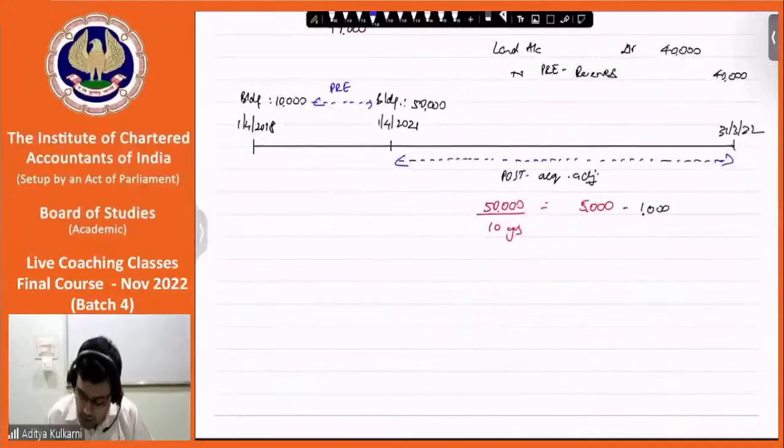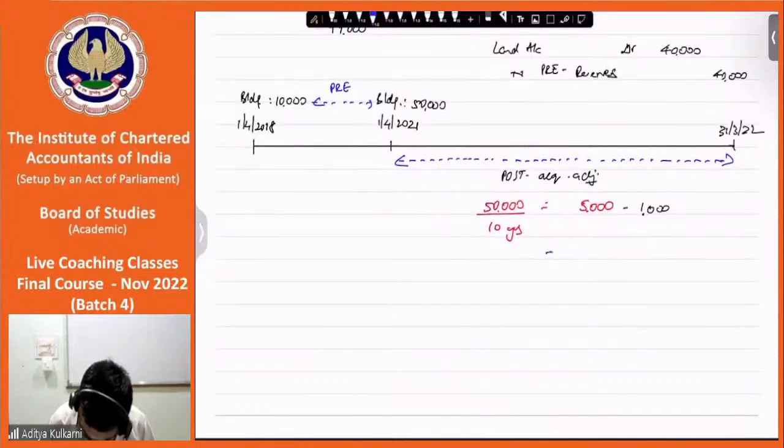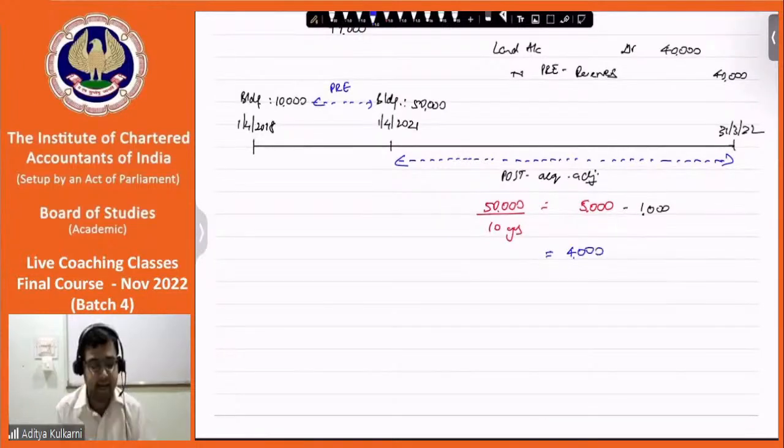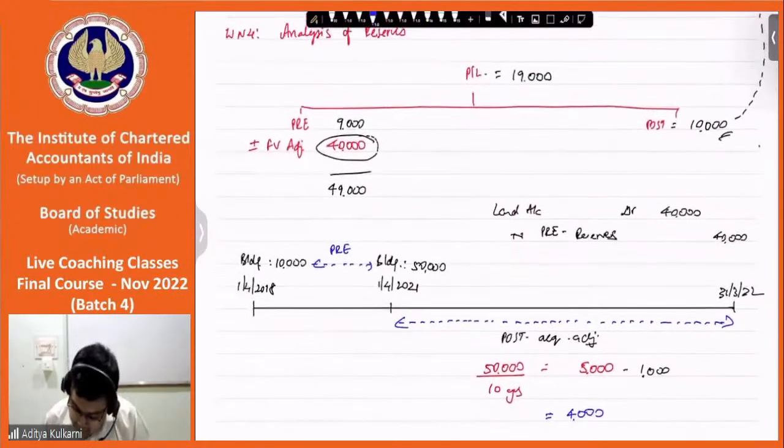And therefore, how much is the extra depreciation that I will have to take as a consolidation adjustment? I will have to take the extra post-acquisition depreciation as 4,000. And this 4,000 will come in here as an adjustment.